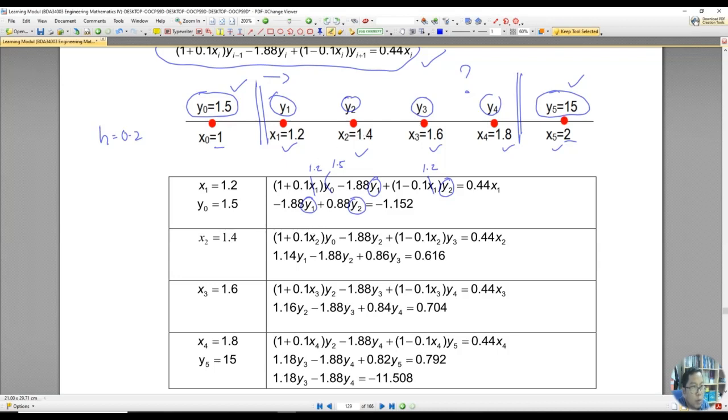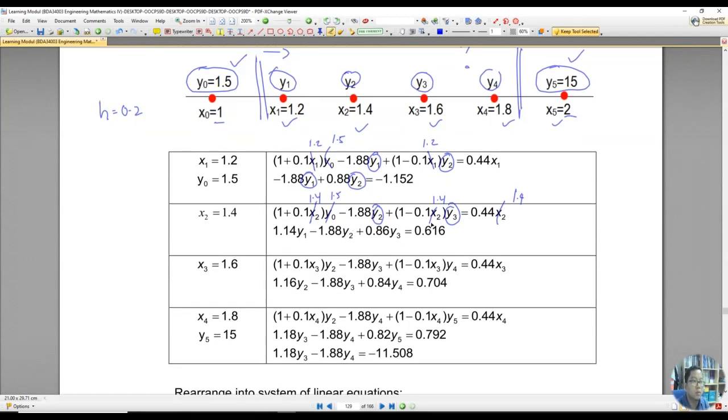The x2 is 1.4 here, so this one is 1.4. y0, you know, y0 is 1.5. Then what else? This one we don't know. x2 also we know, x2 is 1.4. Then y3 we don't know, x2 is 1.4.